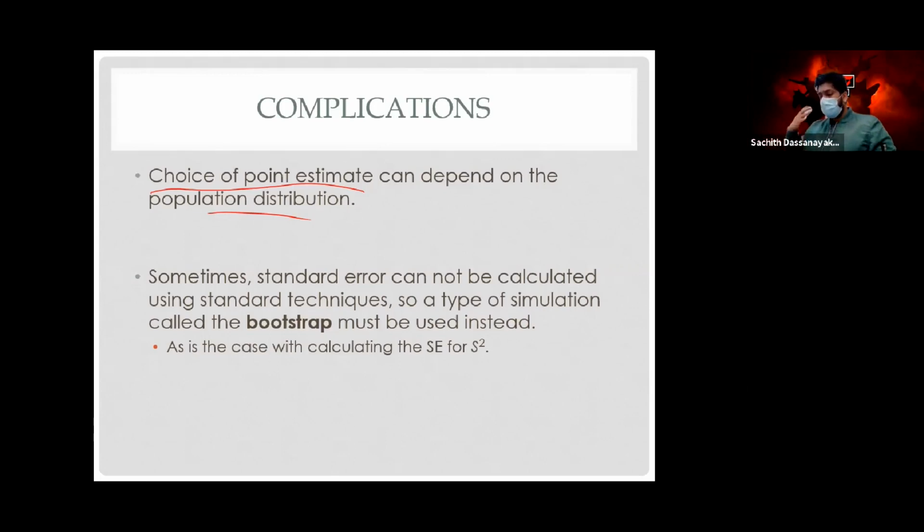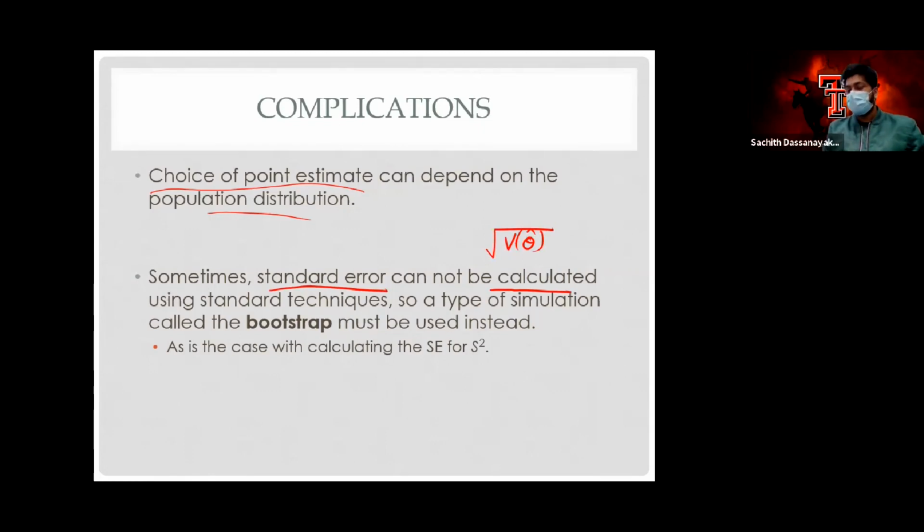So the point estimator depends on the distribution of its population. Sometimes the standard error, which we discussed on the last slide, cannot be calculated, which means you cannot get this value.